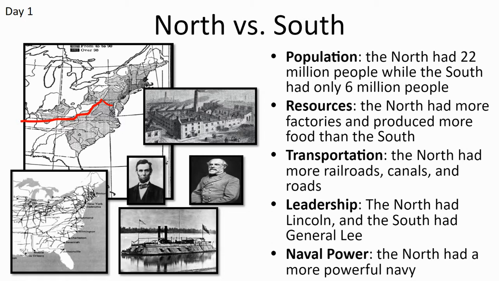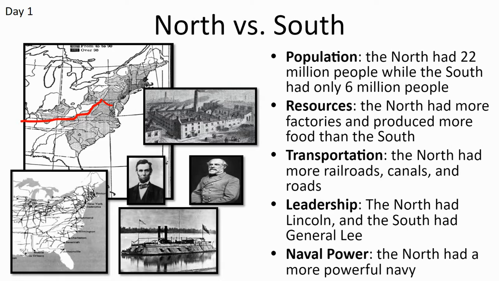They're growing more food, wheat. Remember, those are the breadbasket states, or what we used to call the breadbasket colonies. In the South, they're all about cash crops. So when it comes to resources, food and things like that, the North does have the advantage. And the factories give them an advantage too, because they're able to produce their own goods, their finished products. The South is going to have a hard time with this.